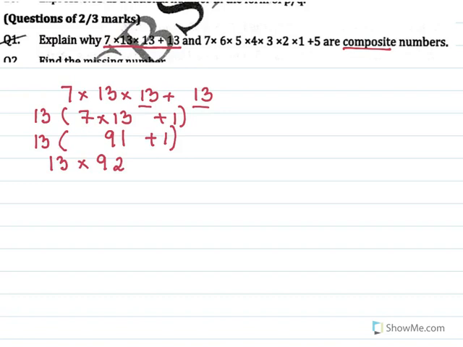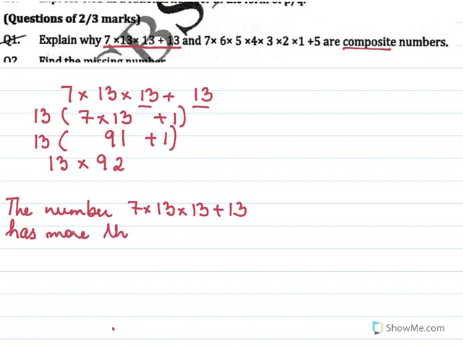So we see the number has more than 2 factors. The number 7 into 13 into 13 plus 13 has more than 2 factors. Therefore, it is composite.